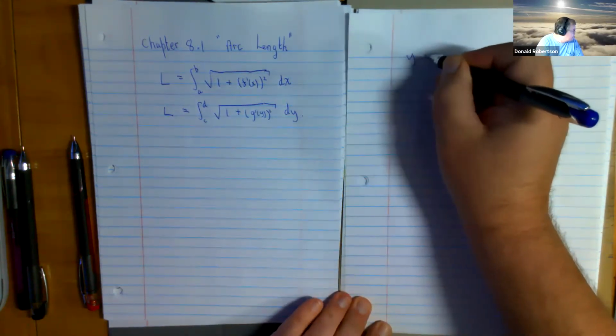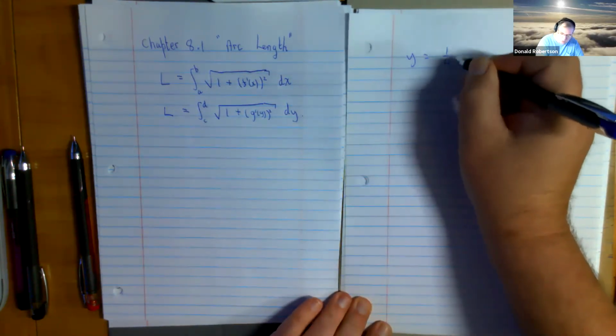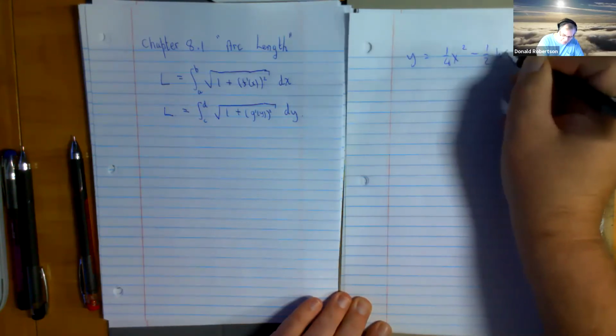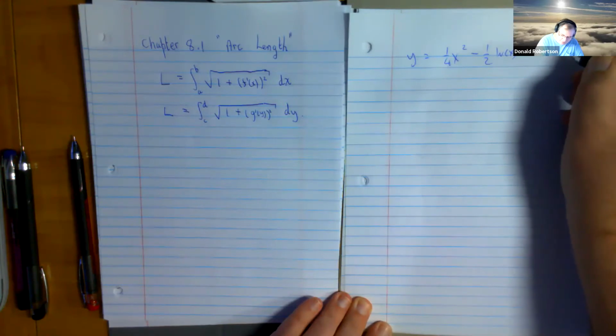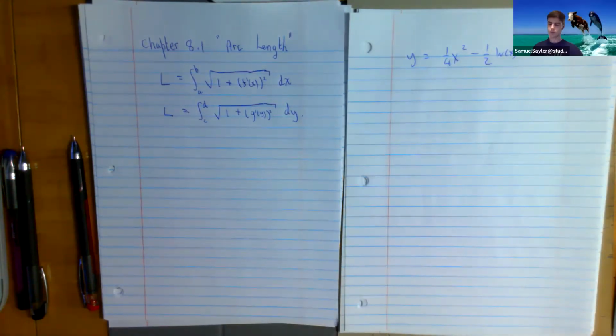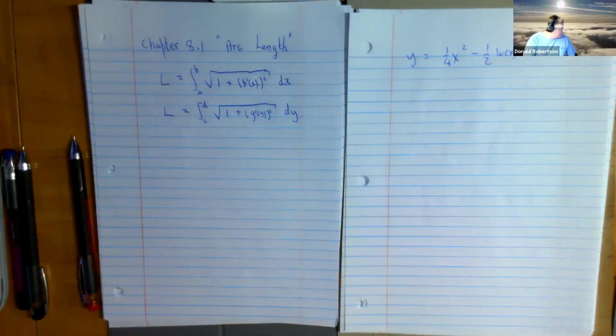So y equals 1/4 x squared, take away 1/2 log x, and we're going to evaluate it between 1 and 2. We did do that one. Okay, so no point in doing that one. I remember the last one we did was that really pretty one that ended up being 1/x. Okay, so I'm finished doing those kinds of questions.